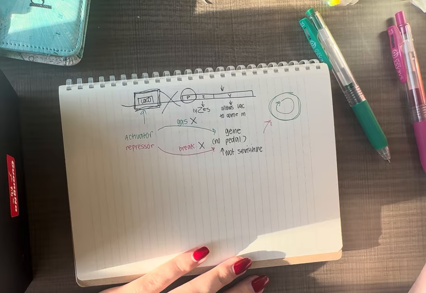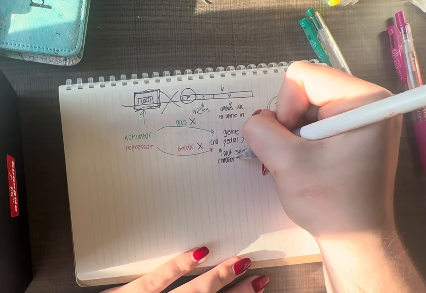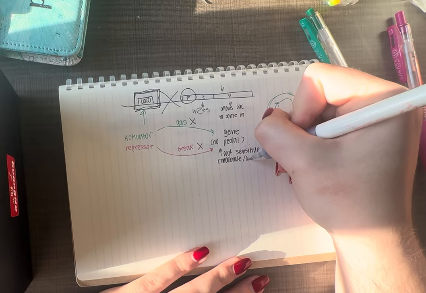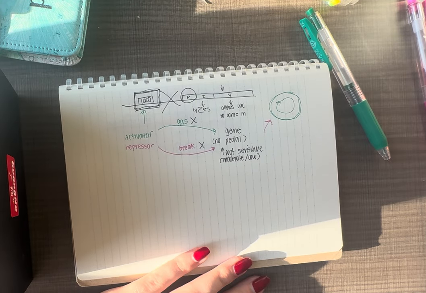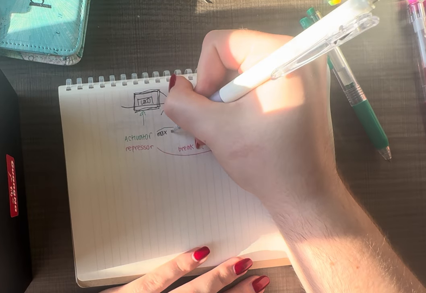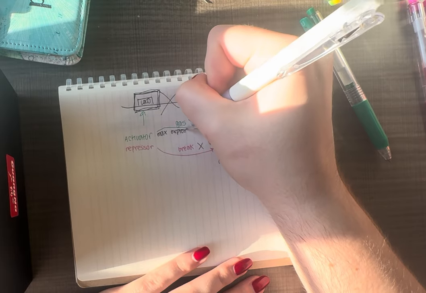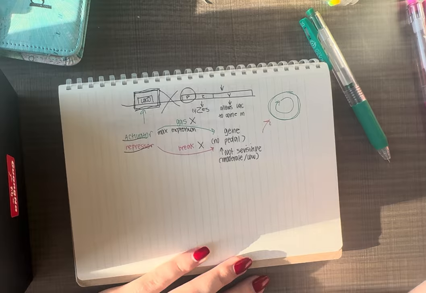I hope that makes sense. So not sensitive, it's usually going to be moderate to low expression. Now, if we have an activator, then we usually can get max expression, which is important that the activator and the repressor work.